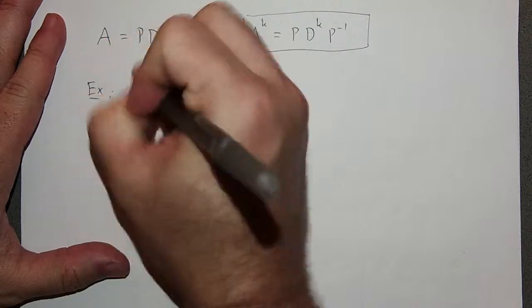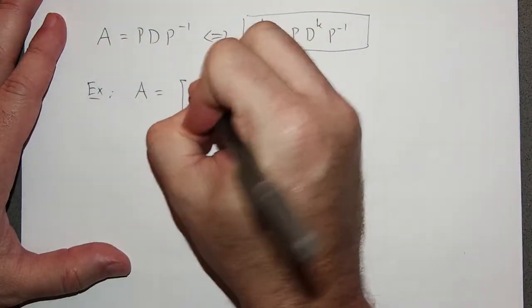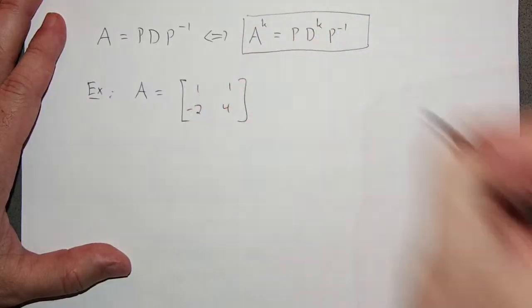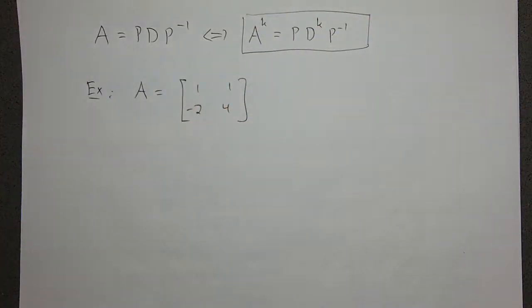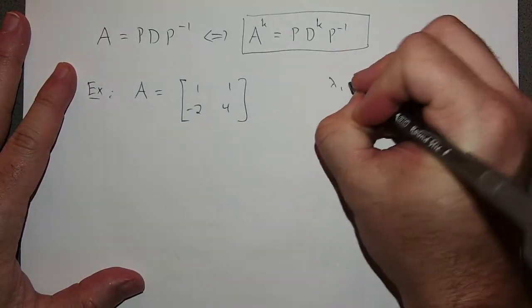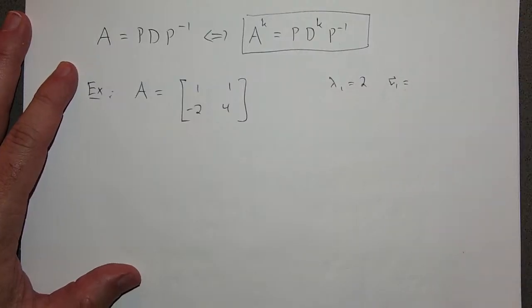Okay, so here's an example. Let A be the matrix 1, 1, minus 2, 4. How do I diagonalize this? I find its eigenvalues. Its first eigenvalue is 2. The associated eigenvector is 1, 1.